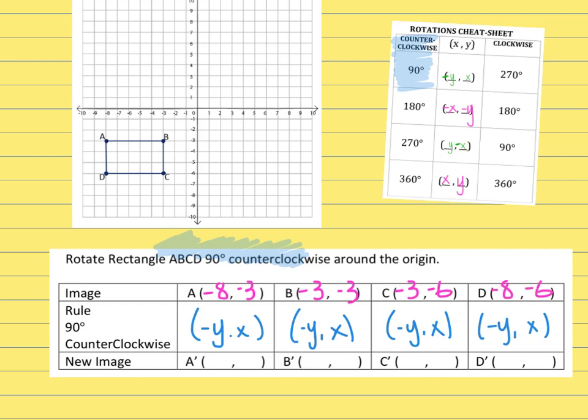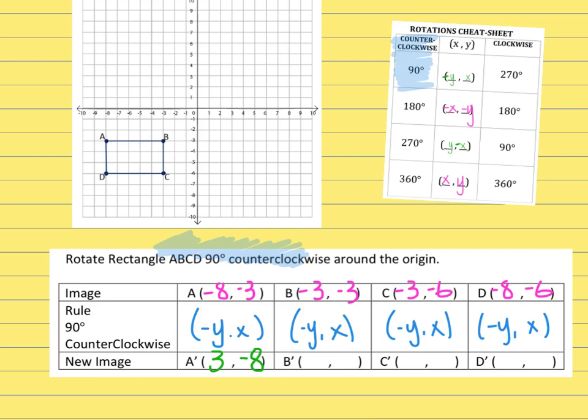Now, if I perform this rotation, it says my Y value needs to come to the front and be the opposite of what it used to be. So -3 now is going to be in front and the opposite. So the opposite of -3 is +3. And X used to be -8. It's going to go to the back and it's going to keep the same as what it was originally.